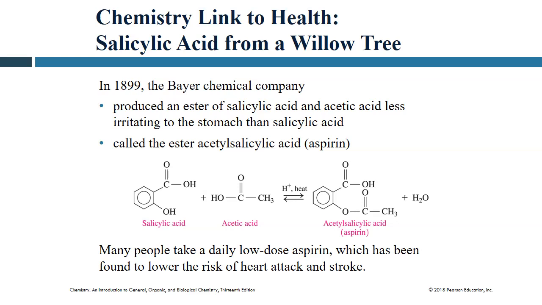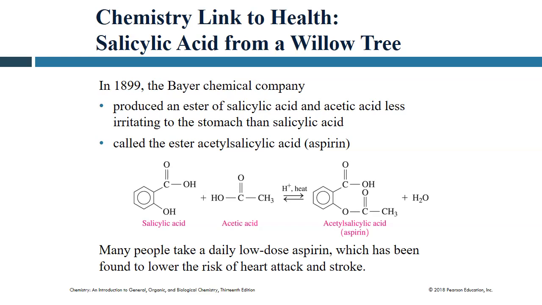salicylic acid. Now, when we opened up this particular section, we talked a little bit about salicylic acid. Salicylic acid is derived from the bark of a willow tree. And the problem always with salicylic acid was that even though it was good at reducing inflammation and relieving pain, it irritates the heck out of your stomach when you ingest it.